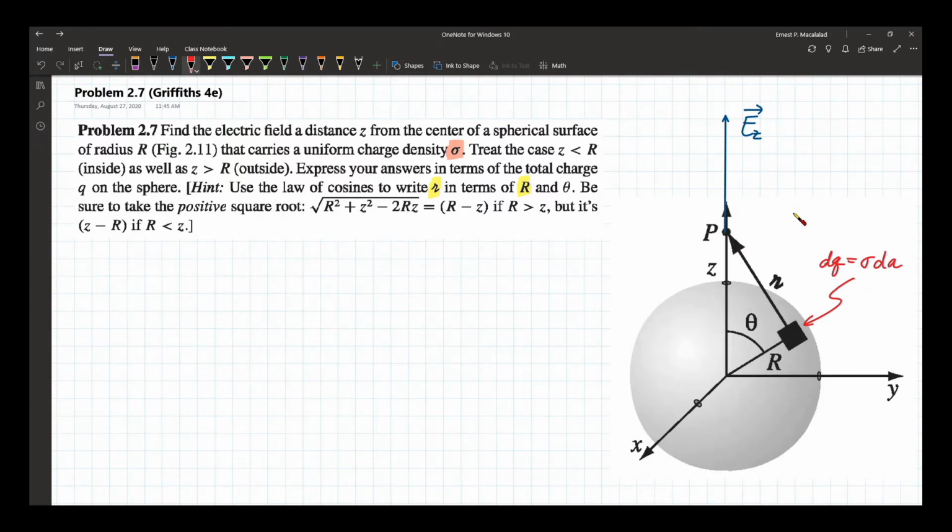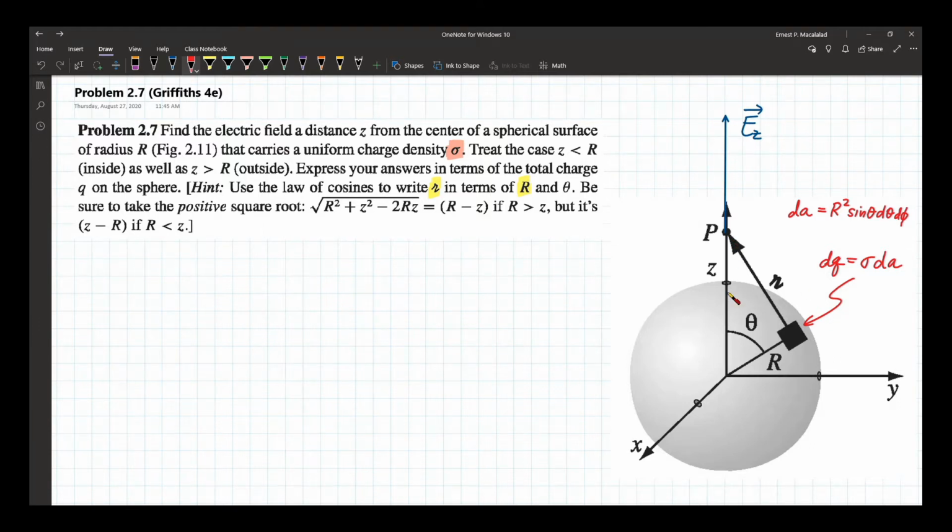Taking note that dA for this spherical shell is R squared sine theta d theta d phi.